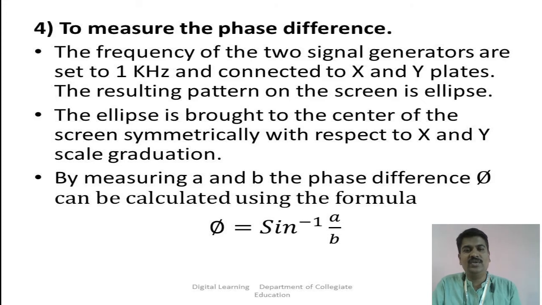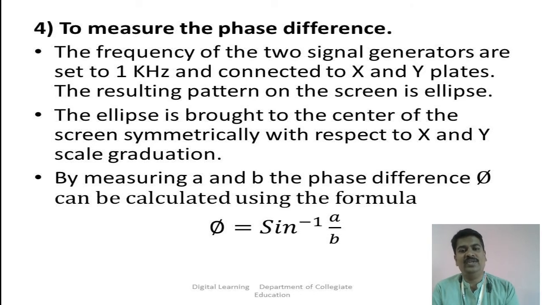The ellipse is brought to the center of the screen by moving the X movement and the Y movement. By moving both, you bring the ellipse to the center of the screen, with respect to the X and Y scale graduation, of course.